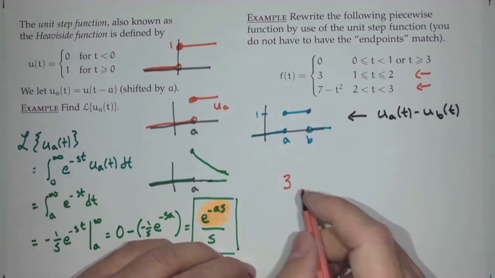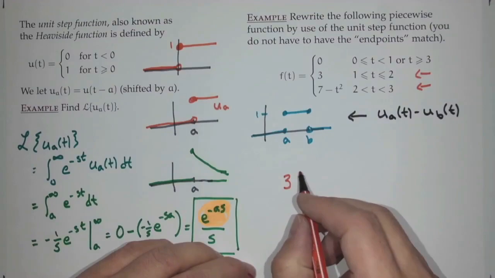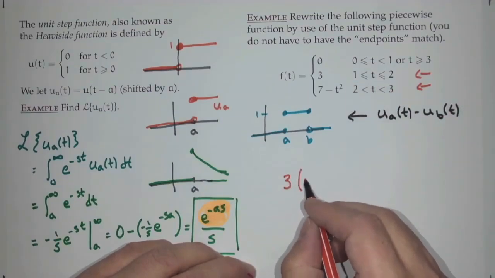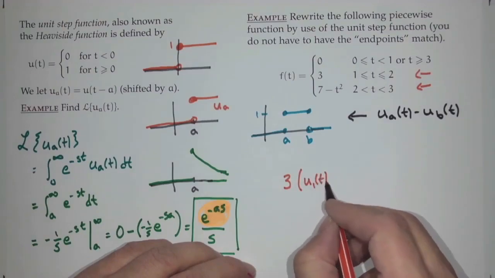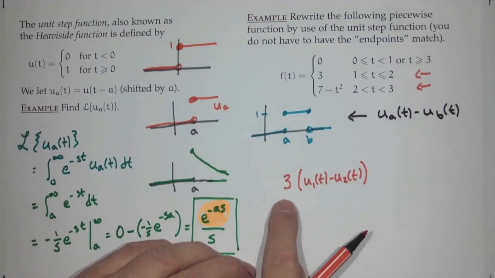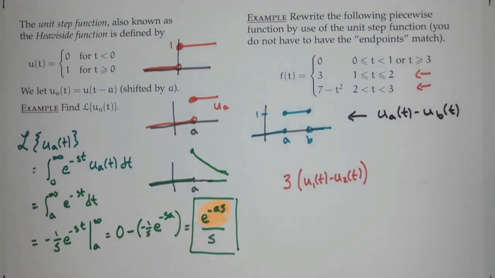That's the function. I want to turn 3 on, and I want it to be on between 1 and 2. So U sub 1 minus U sub 2. And that would be the function which is just 3 between 1 and 2. So I turn on the 3, I turn it off.